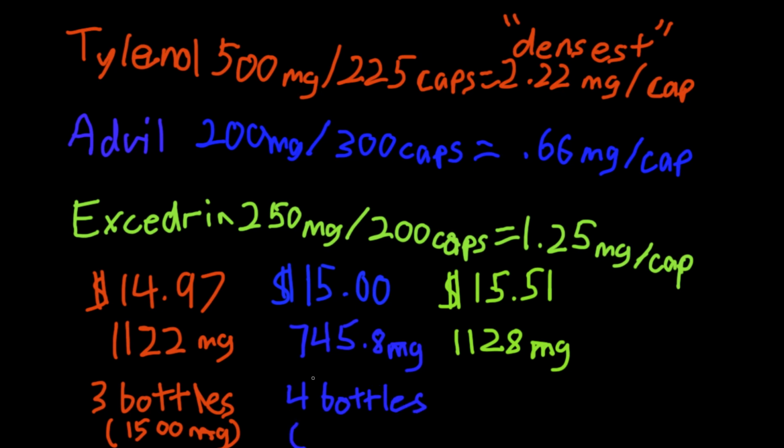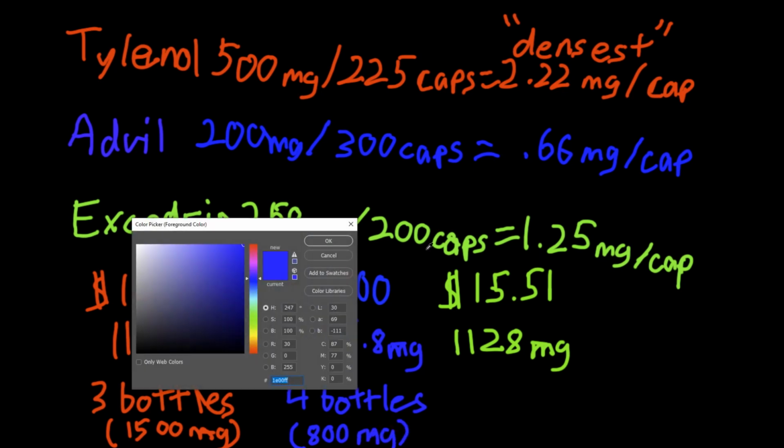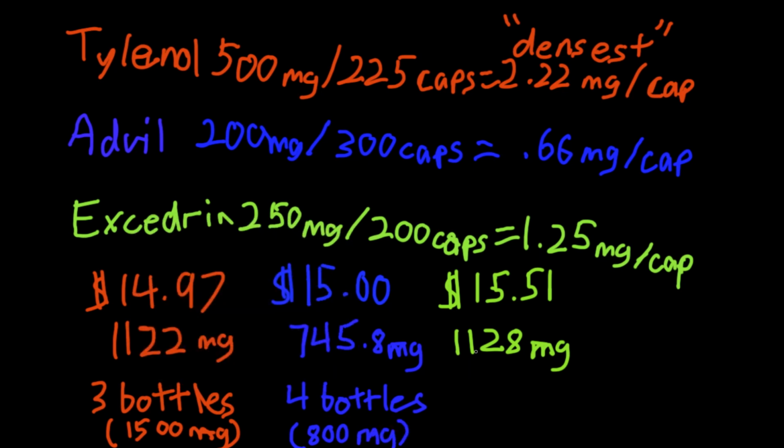Copying the costs and milligrams to apply for my body weight, we see it takes 3 bottles of Tylenol, 4 bottles of Advil, and 5 bottles of Excedrin. At each unit cost, it makes Tylenol the cheapest option for my body weight.